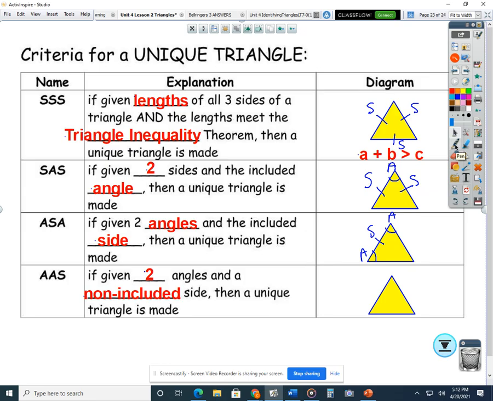So this would look like an angle, and another angle, and a side that is not between those 2. So it could be the one on this side, or it could be the one on the bottom. Either one is fine. So we are given an angle, an angle, and a side. If this is our criteria, then yes, a unique triangle will be made.